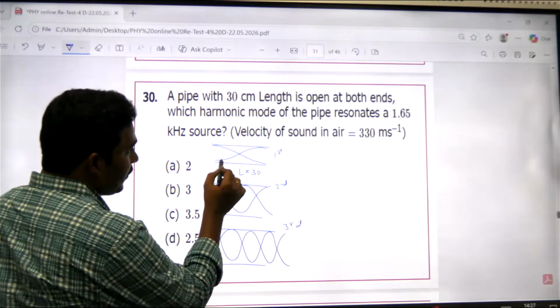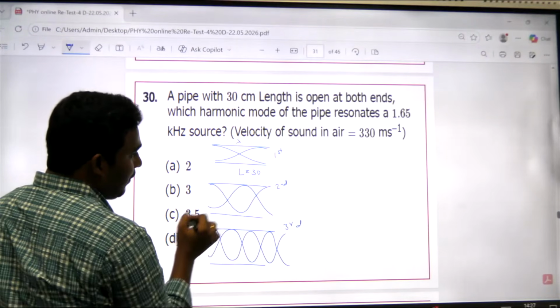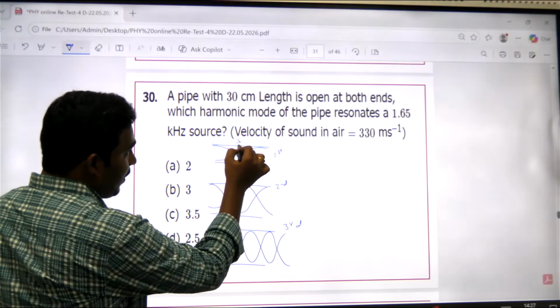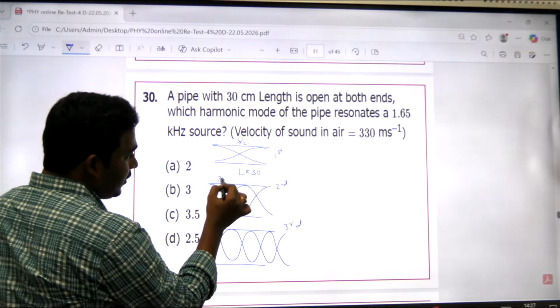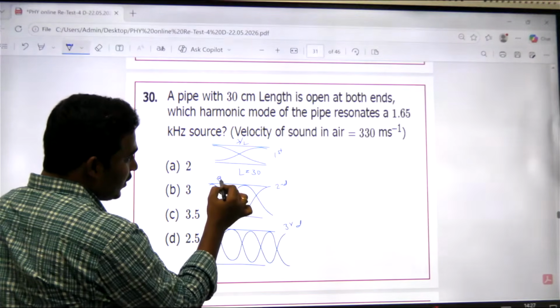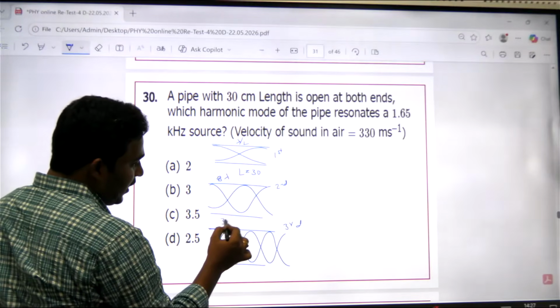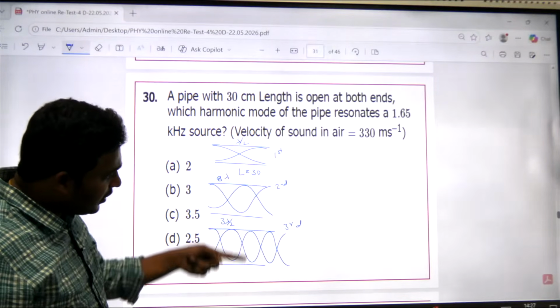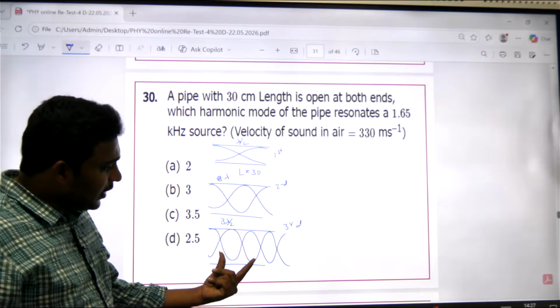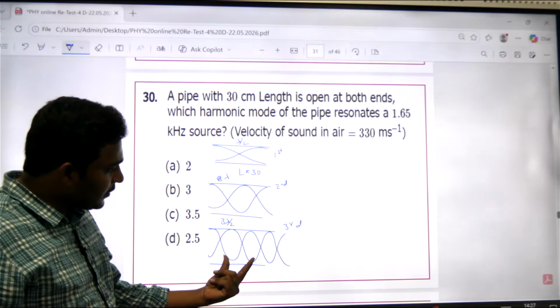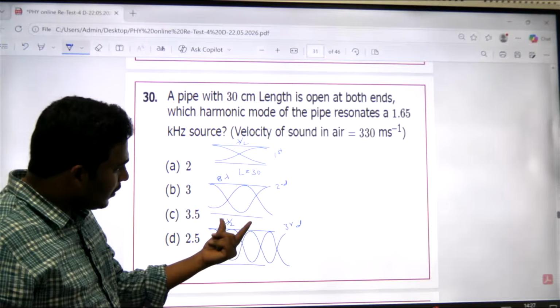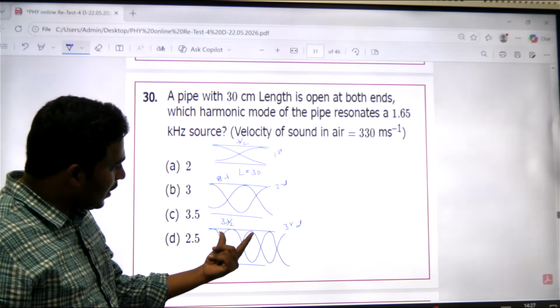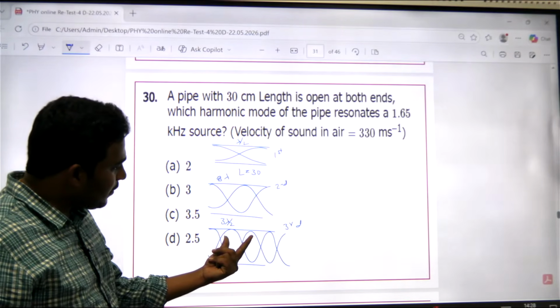If this is the case, what is this wavelength? Here it is lambda by 2. Here it is lambda by 2 plus lambda by 2, so it is lambda. So it is 3 lambda by 2.